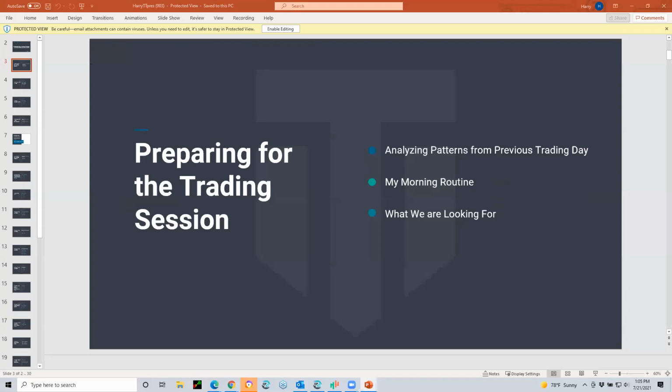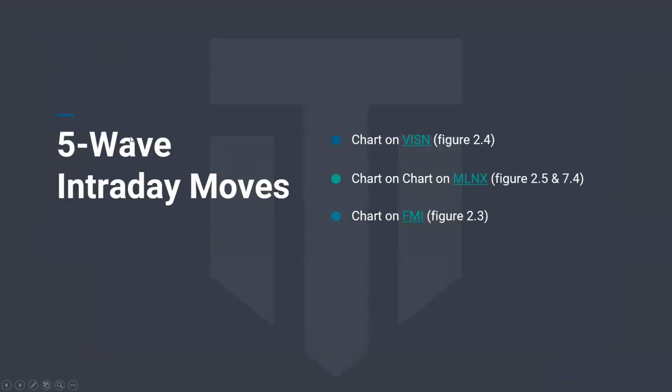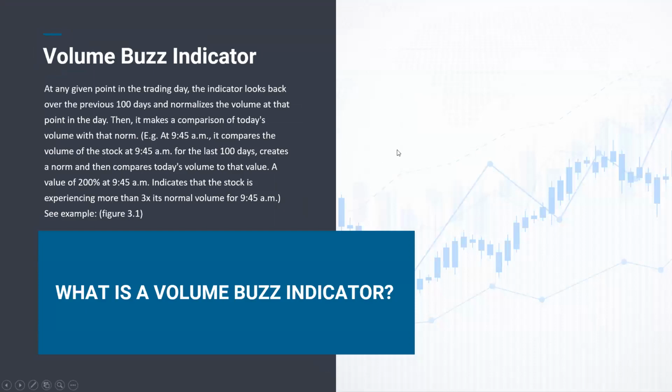The first one is what we're calling the volume buzz indicator. Now, there is nothing on Wall Street that I know of that can compare to this indicator, because at any given point in the trading day, the technical indicator will look back over the previous 100 days, normalize the volume at that point in the day, that minute of the day, and then make a comparison of that point in time with the volume norm over the last 100 days at that point in time.